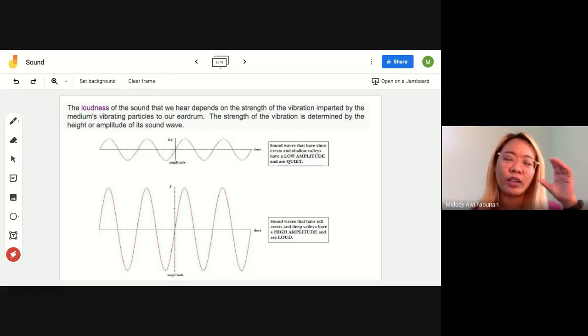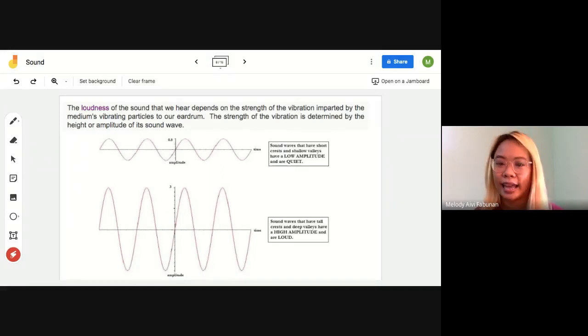Kahit malayo pa yung source ng sound, naririnig na nila kasi mas sensitive yung kanilang ears to detect sounds that have lower amplitudes. Hindi katulad ng tao, medyo limited yung ating sensitivity when it comes to detecting sounds with lower amplitudes.